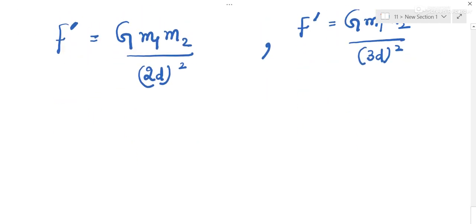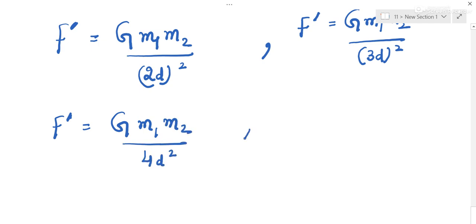So this new force is equal to capital G m1 m2 by 4d square, and this is equal to F dash is equal to G m1 m2 by 9d square.